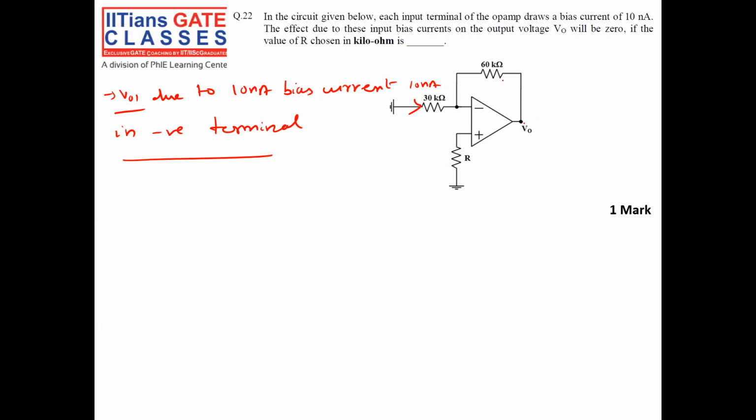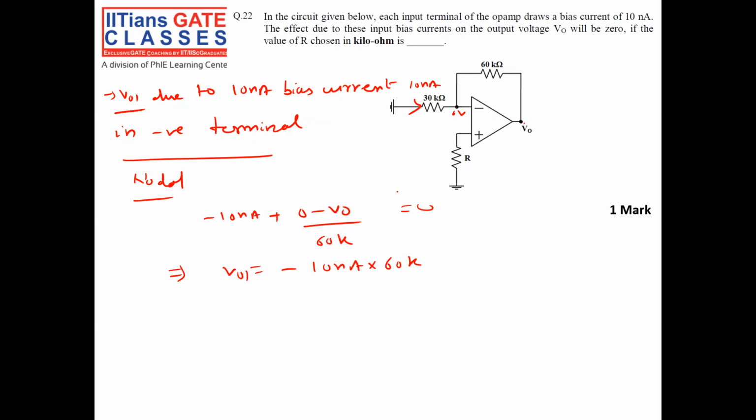Since there is negative feedback, V negative is equal to V positive is equal to 0 volt. Let's apply nodal analysis here. Current coming in is minus 10 nanoampere plus 0 minus V0 by 60K is equal to 0. This implies V0 is equal to minus 10 nanoampere into 60K. This is V01, the voltage at the output due to the bias current at the negative terminal.